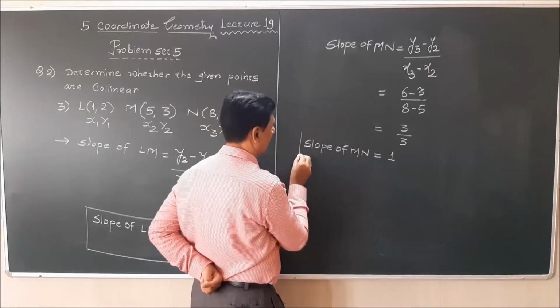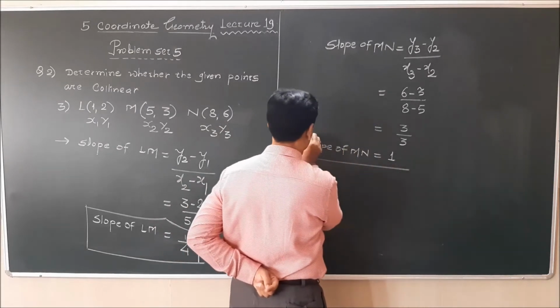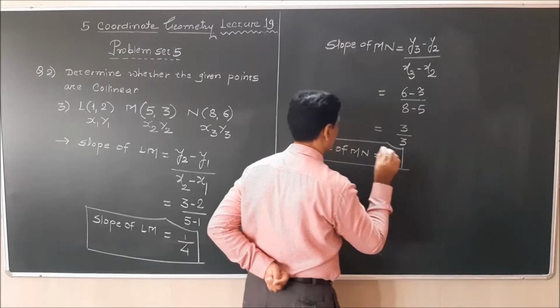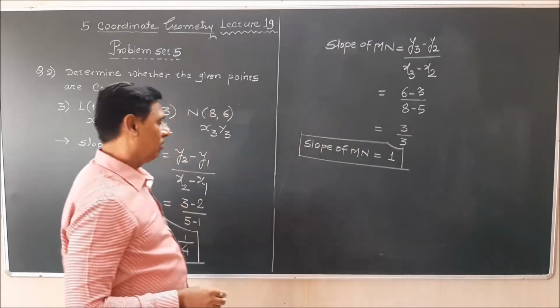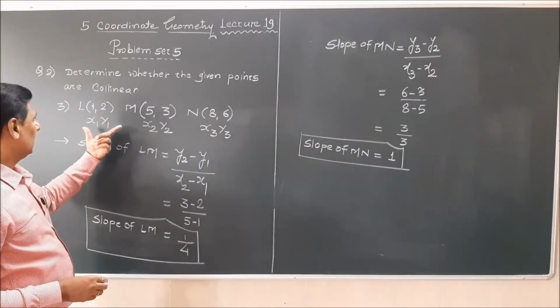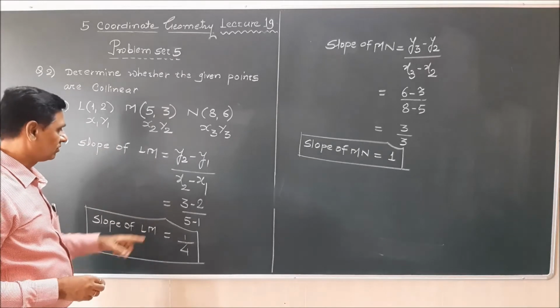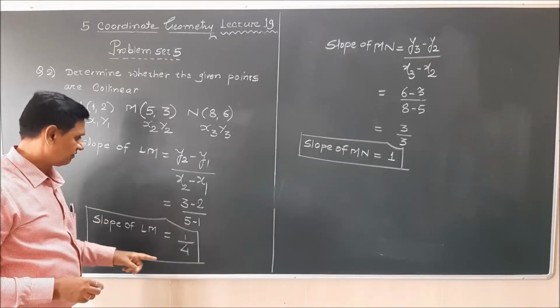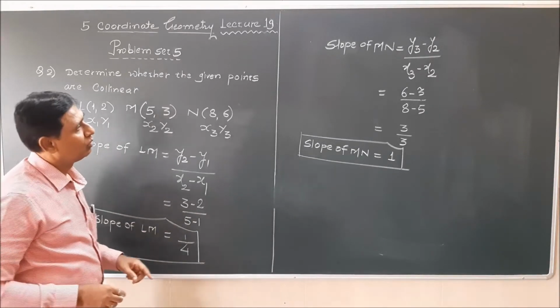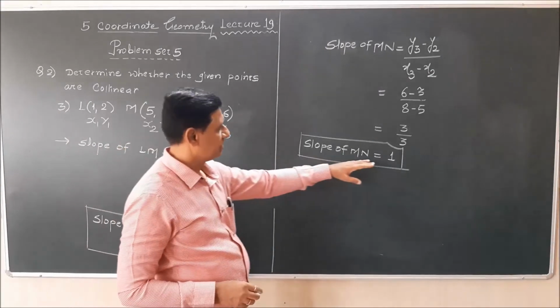Now naturally what happens this time? Slope of LM is 1 upon 4, 3 minus 2 is 1, 5 minus 1 is 4, while that of slope of MN is 1.